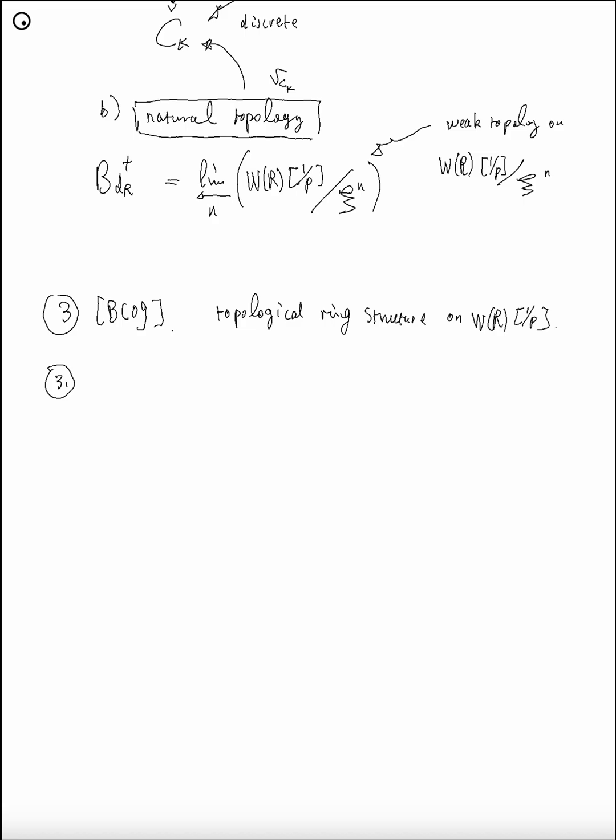Here. So first, 3.1, W(R) endowed with this product topology.